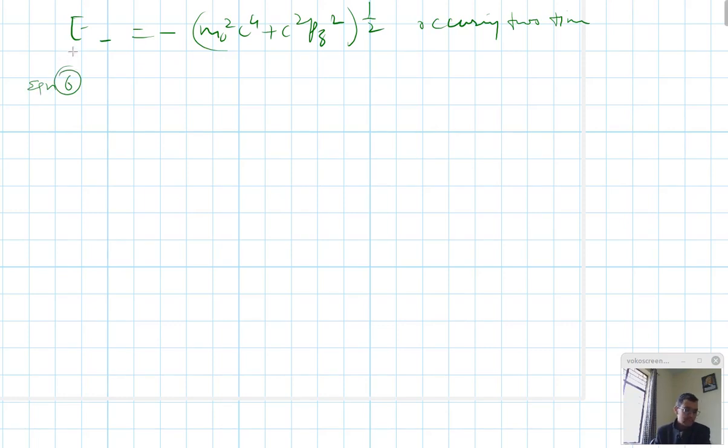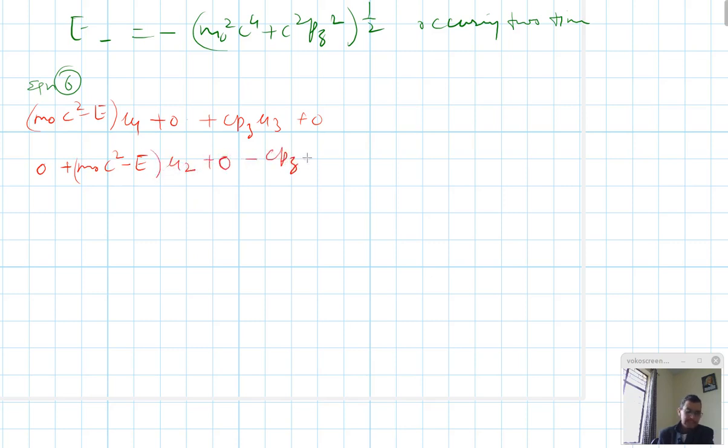Let me write it down here. (m₀c² − E)u1 + 0 + cpz u3 + 0, and it is 0, plus (m₀c² − E)u2 + 0 − cpz u4 is equal to 0.